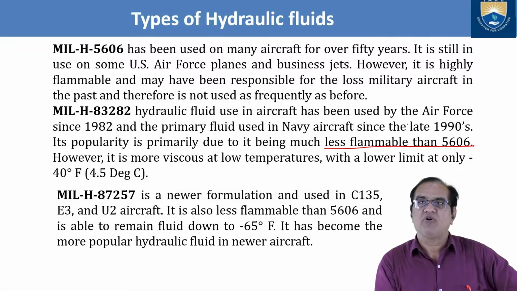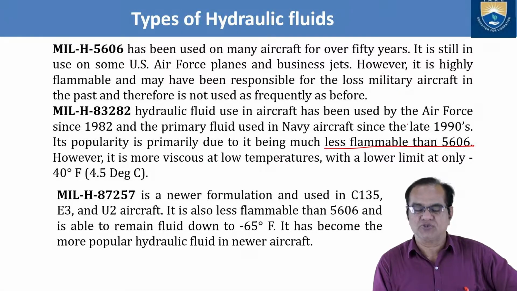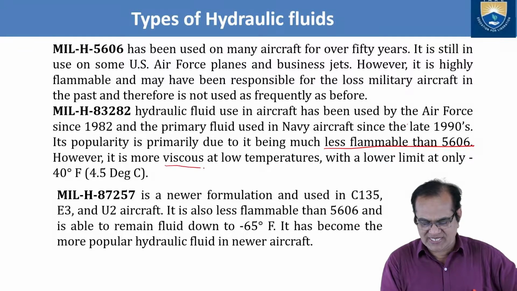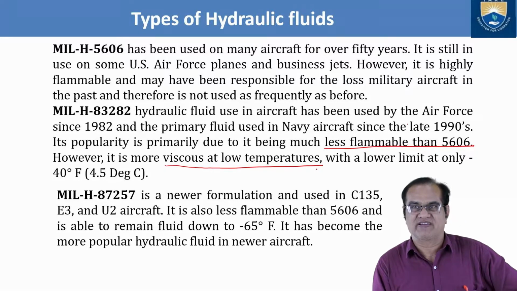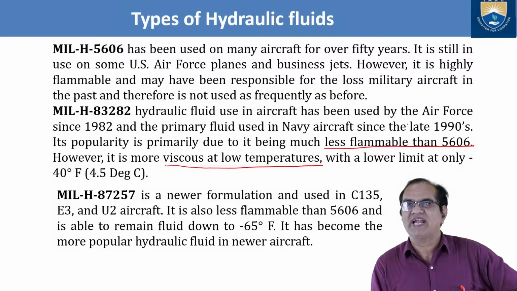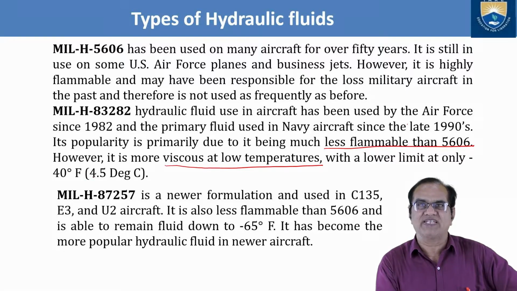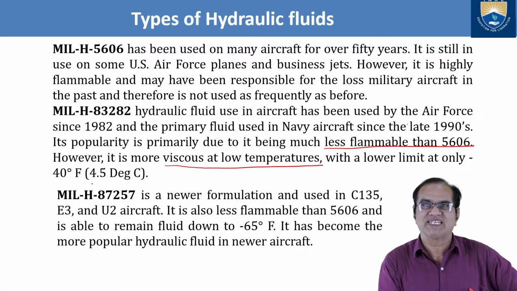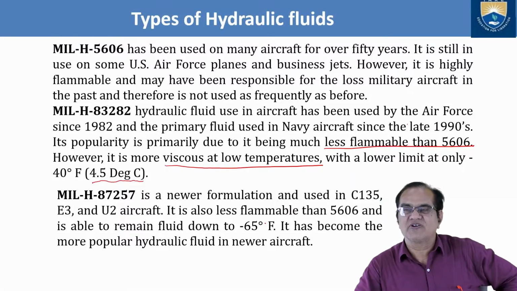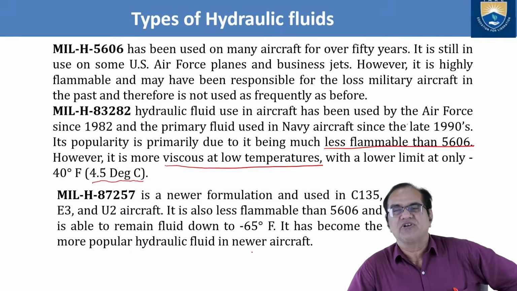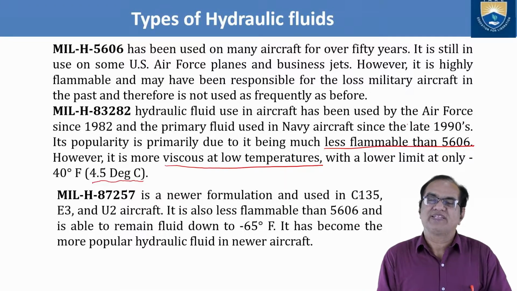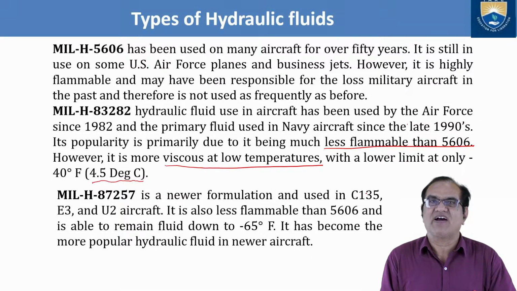However, it is more viscous at low temperature. So there are some disadvantages. At a low temperature, it is quite thick. The viscosity of this fluid is quite high. This is the disadvantage, with a lower limit of only 40 degree Fahrenheit, 4.5 degree centigrade. So we can use it for higher temperature, but for lower temperature it is not good. The chances of fire are always at higher temperature.